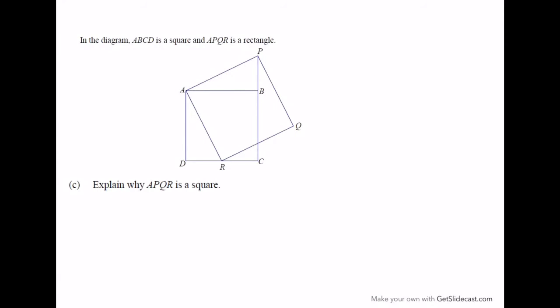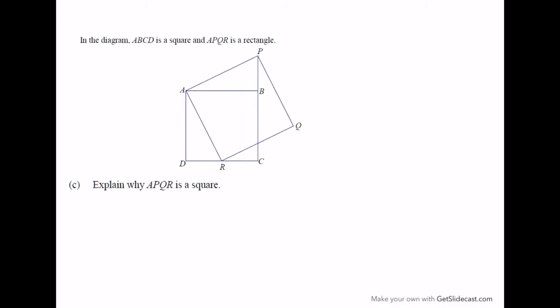Last but not least, explain why APQR is a square. Now, does this question look familiar? We have already done this before. There are two conditions for it to be a square. Firstly, all the angles must be 90 degrees.